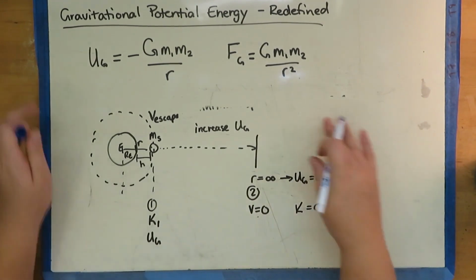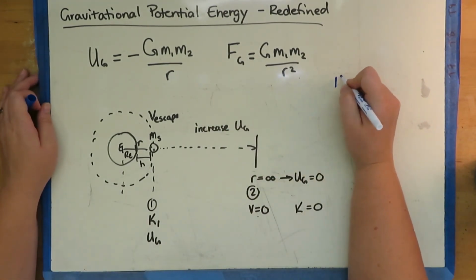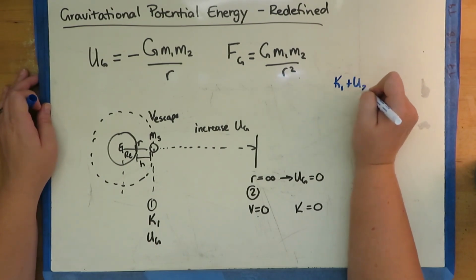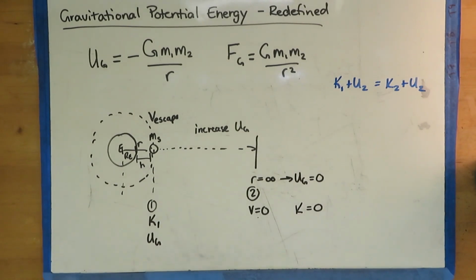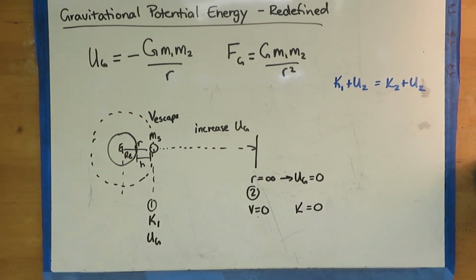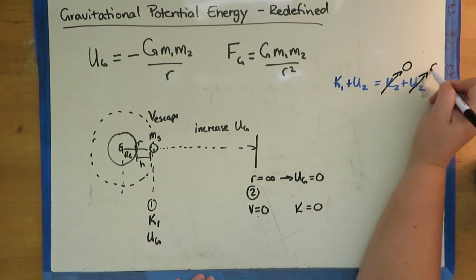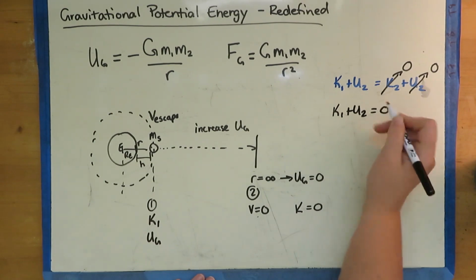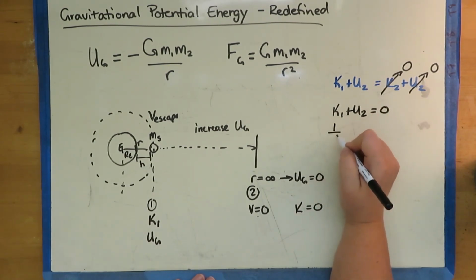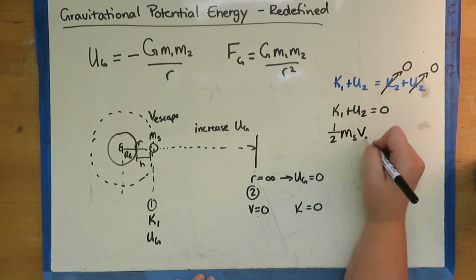So what would happen is I would say that I want my total energy at the start, so K1 plus U1, to equal my total energy at the end, K2 plus U2, just like we've been doing over and over again. But my K2 and my U2 are both going to be 0. So I want my K1 plus U1 to equal 0. Well, K1 is going to be 1/2 m of the satellite v escape squared.